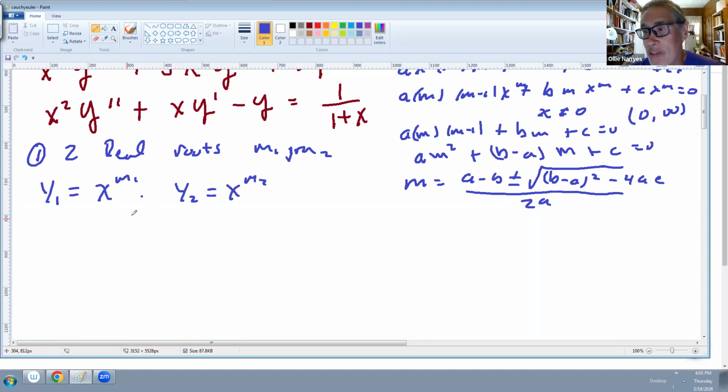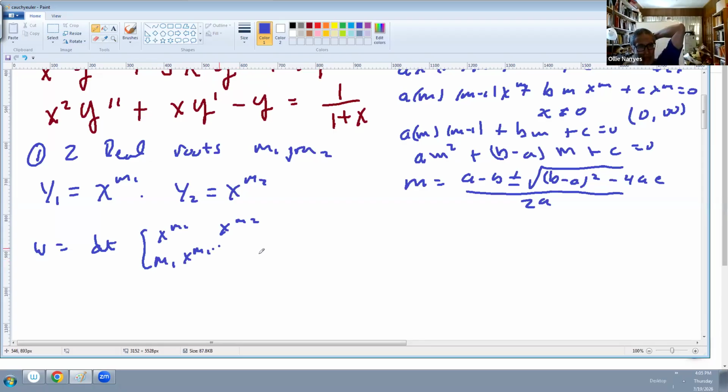And it's an exercise to take the Wronskian of this. In fact, let's go ahead and do this. The Wronskian is the determinant. So we have x to the m1, x to the m2, m1 x to the m1 minus 1, m2 x to the m2 minus 1.